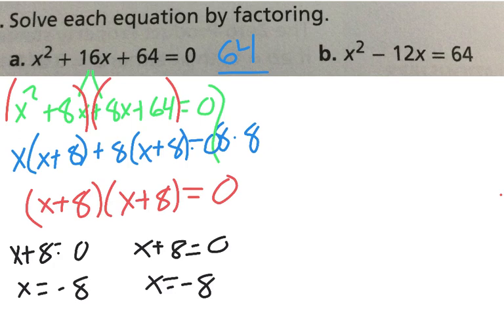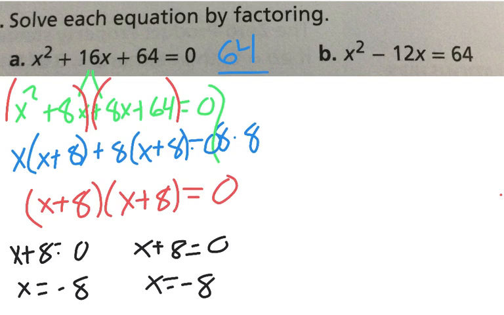It is a special case. It has two x-intercepts, and those x-intercepts are the same. So where did we have the case where we had only one x-intercept? When the vertex was the x-intercept. That's what the case is here.